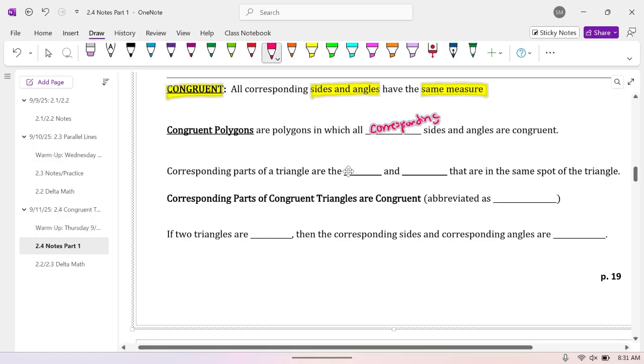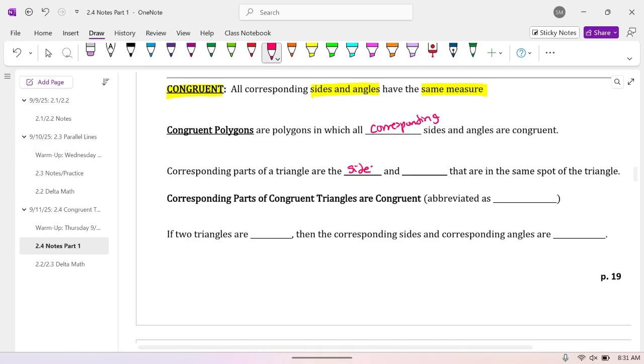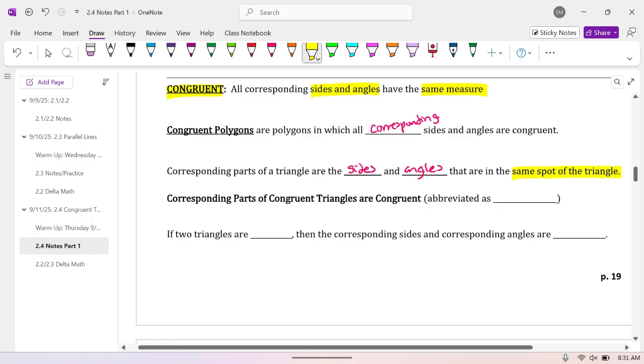Now, corresponding parts of the triangle are the sides and angles that are in the same spot of the triangle. So it's like when we were talking about the corresponding theorem with parallel lines, same spot, different line. Same thing with the triangle, same spot, different triangle.